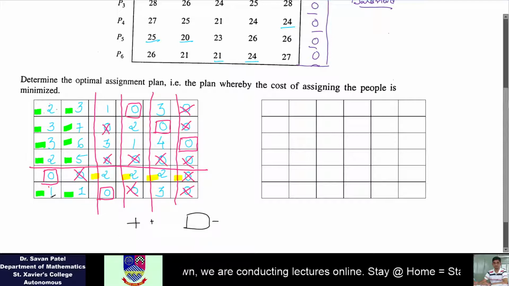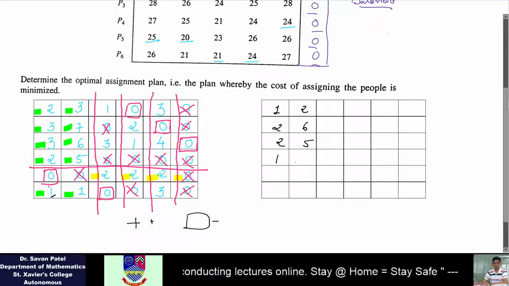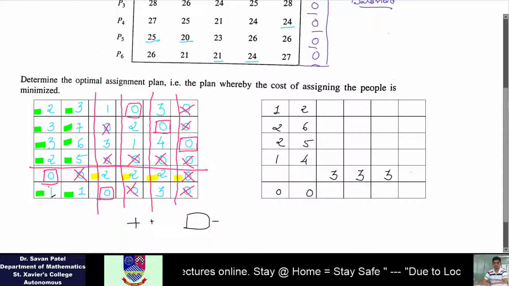Okay, so here 2 minus 1, so it is 1. 3 minus 1, so 2. 3 minus 1, 2, 7 minus 1, 6, 3 minus 1, 2, 6 minus 1, 5, 2 minus 1, 1, 5 minus 1, 4, 1 minus 1, 0, 1 minus 1, 0. And these are crossed cells, so there you have to add. So here 2 plus 1, 3, plus 1, 3, plus 1, 3, 0 plus 1, that is 1.